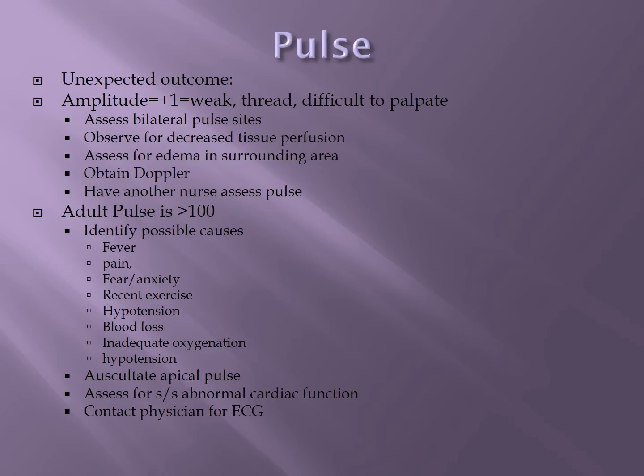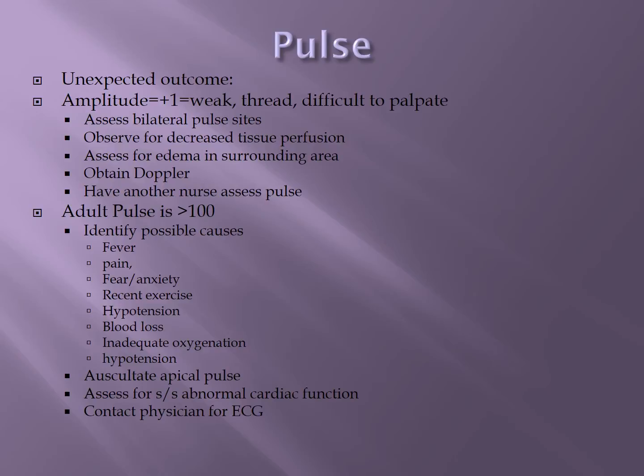Now, if they have a 1+ amplitude, meaning that it's difficult to palpate that pulse, you want to assess the other pulse site. So if it's in their left foot, you would assess the right foot. Assess for signs and symptoms of decreased tissue perfusion, such as cool, pale skin.